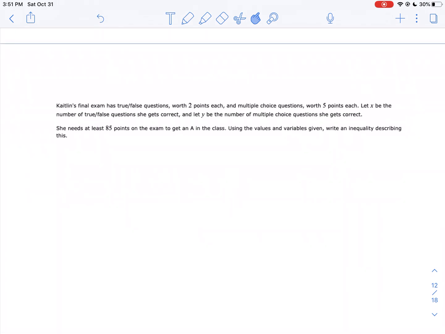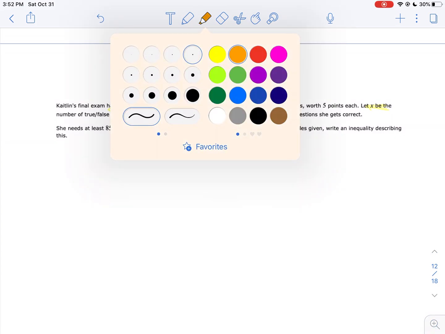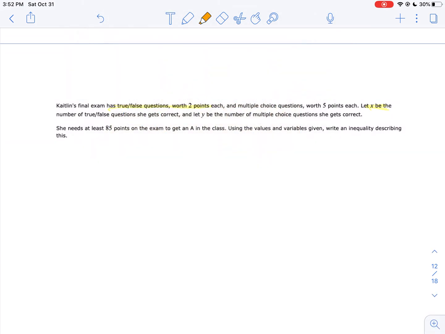Okay, this question. Caitlin's final exam has true-false questions worth 2 points each and multiple choice questions worth 5 points each. Let x be the number of true-false questions. So I'm going to highlight my x, my true-false questions, and they're 2 points each. y is going to be my multiple choice questions, and they're 5 points each.